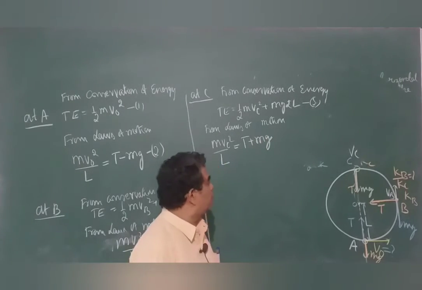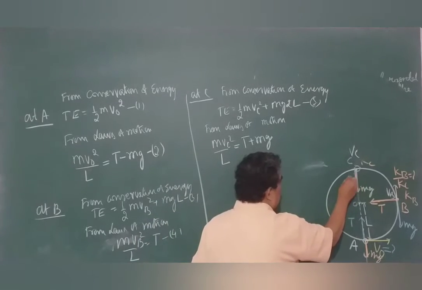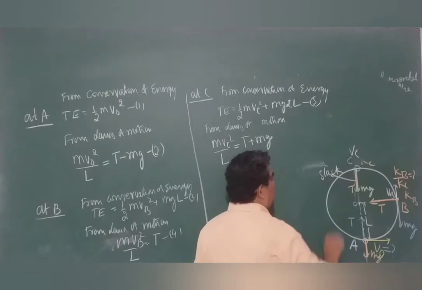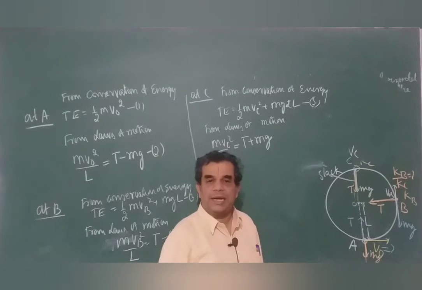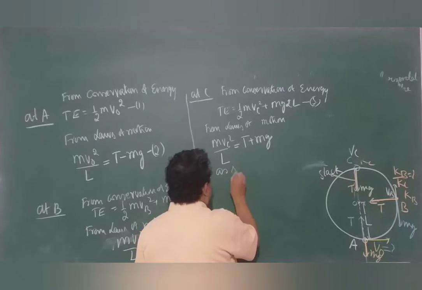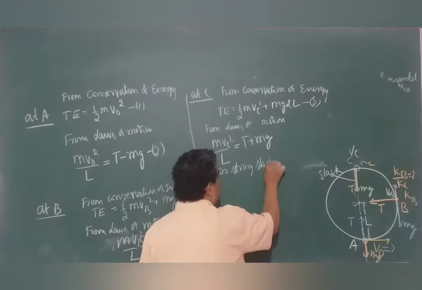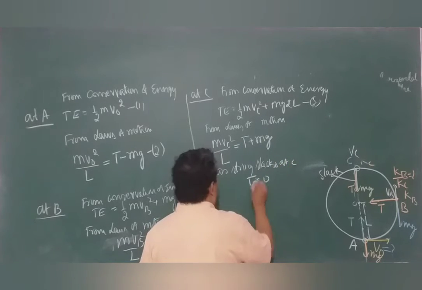But observe, there's a word given in the problem. The string slacks when it reaches the topmost point. Slack means it's not tight. Therefore, we can take T as 0. We write that as string slacks at C, T equals 0.